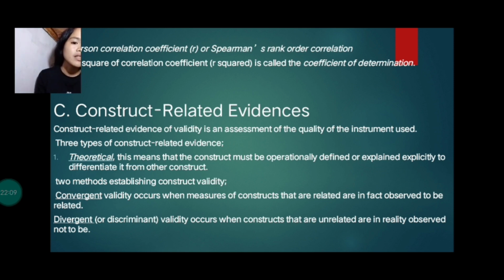And there are two methods of establishing construct validity. First is convergent validity. It occurs when measures of constructs that are related are in fact observed to be related, while divergent or discriminant validity occurs when constructs that are unrelated are in reality observed not to be.